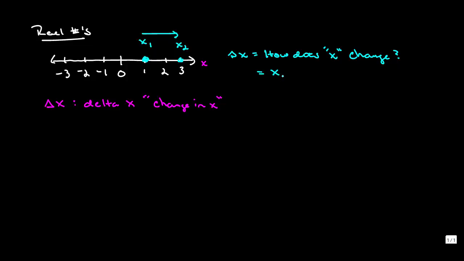The easy way to do it is take x2 and subtract off x1, which is 3 minus 1, or 2. So my change in x from 1 to 3 is 2 units.